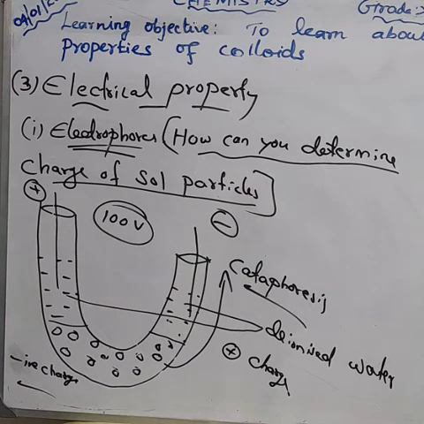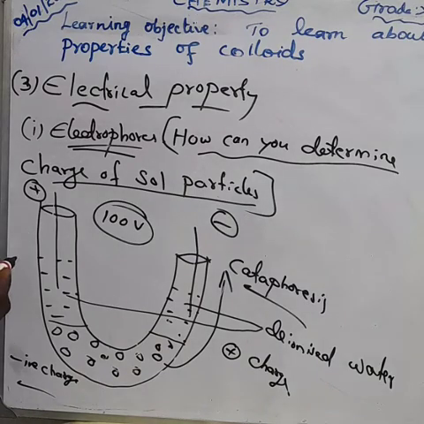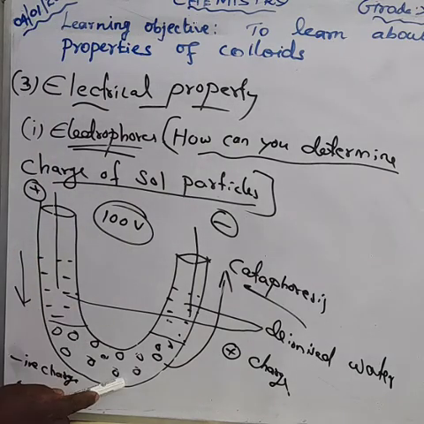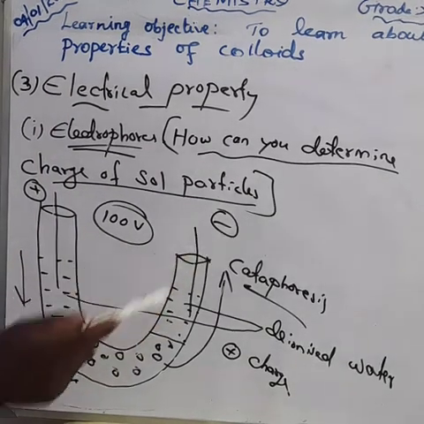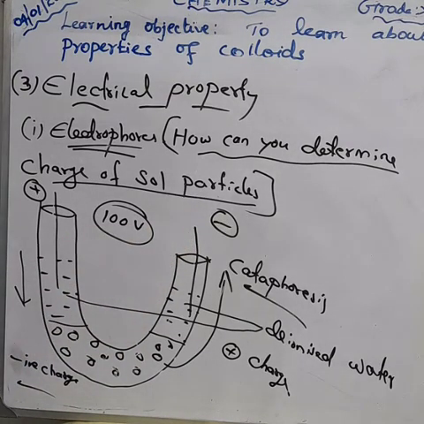Suppose the cathode limb rises, then the anode limb will fall. This side will fall and this side will rise. If it occurs like that, the charge is positive, because positive is attracted by the negative electrode.